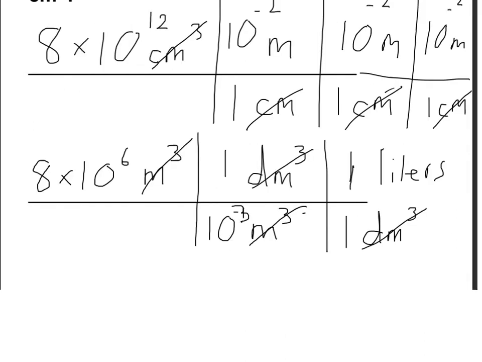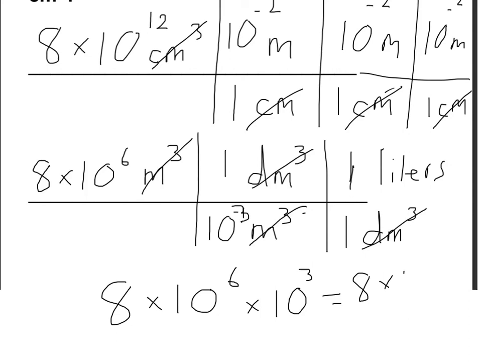And so we see our final answer is, in fact, 8 times 10 to the, well, let's see, we had 10 to the 6, but there's 10 to the -3rd on the bottom, but we can move that 10 to the -3rd up to the top, so that we really have times 10 to the 6 times 10 to the 3rd. Right, the 10 to the -3rd is going to be moved up to the top, which gives us essentially 8 times 10 to the 9th, and of course that's now in liters.